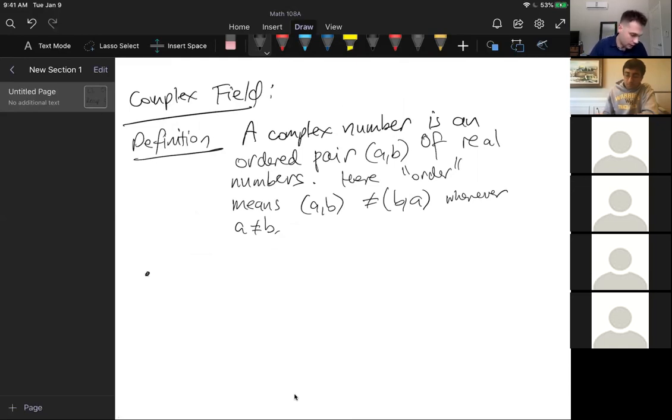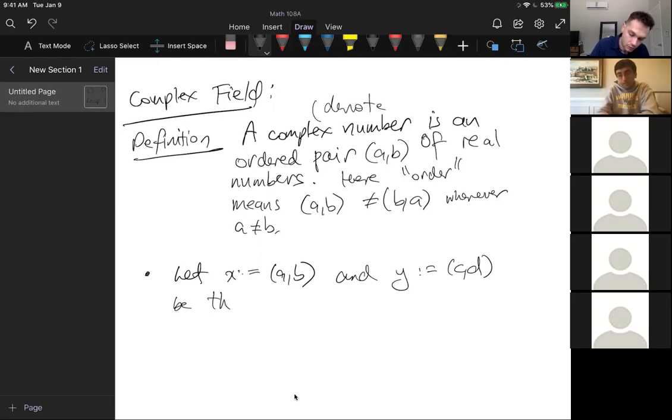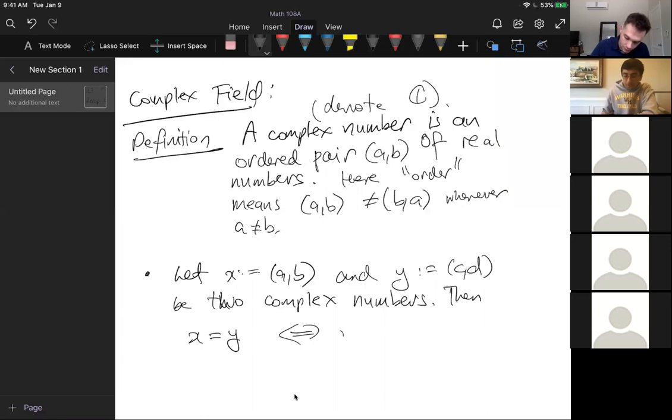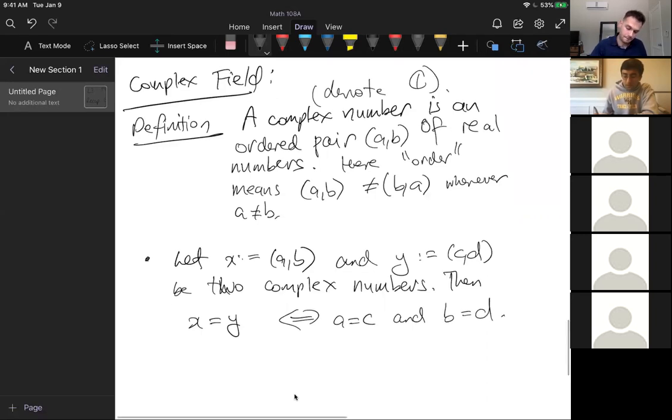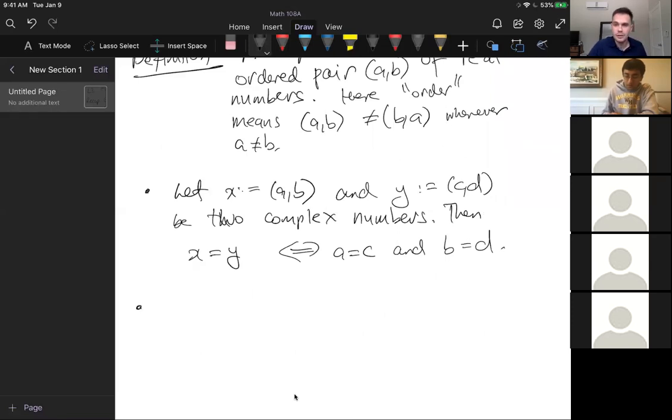Some things to note: if I let x be (A, B) and y be (C, D), two complex numbers, then first, equality holds: x is equal to y if and only if A is equal to C, so the first slots are equal, and the second slots are equal, B is equal to D. Then I need to tell you what the addition and multiplication look like.